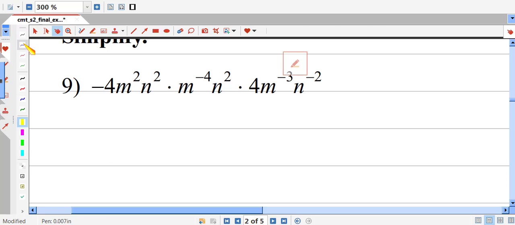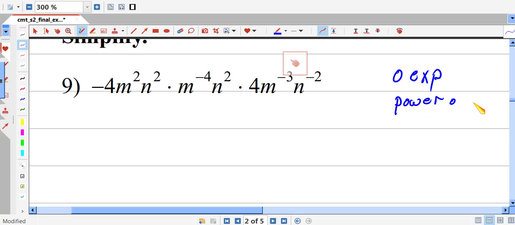Simplify. Okay, so here we go. I don't know if you remember the order that I do when I'm simplifying radicals. I always go zero exponents, and then I do power of a power, and then I do the multiplication rule.